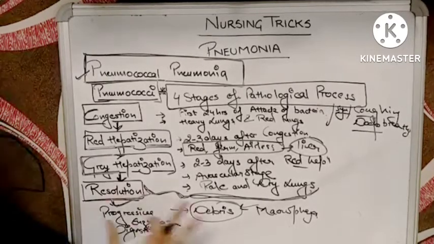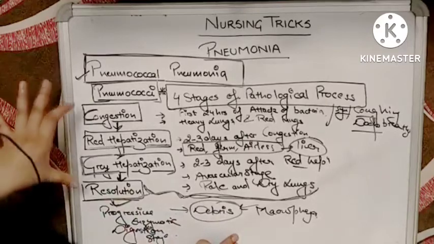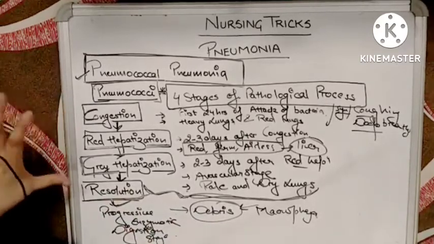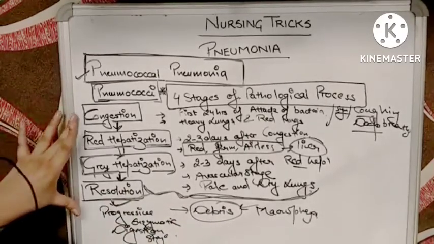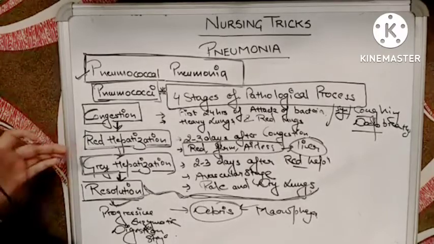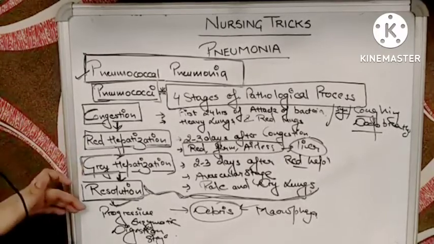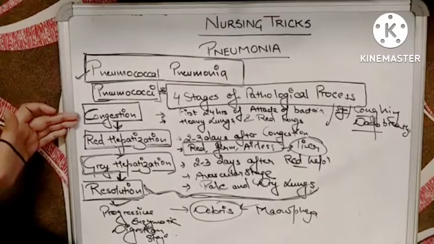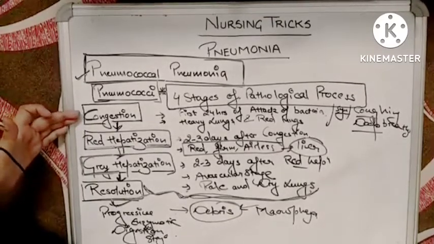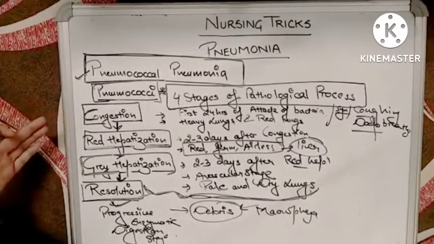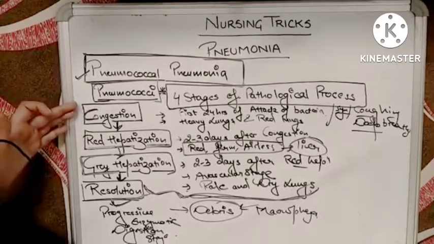Again, because it is an important topic, let us revise what we have seen. The 4 stages are congestion, red hepatization, gray hepatization and resolution. Congestion occurs within the first 24 hours of contracting pneumonia.